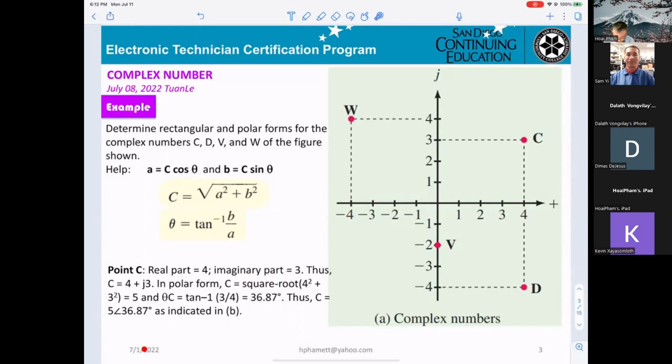That's for rectangular. In polar, first you need to calculate the magnitude C: the square root of 4 squared plus 3 squared, you get 5. And the phase equals arctan 3/4, you get 36.87. So C in polar will be 5, angle 36.87.